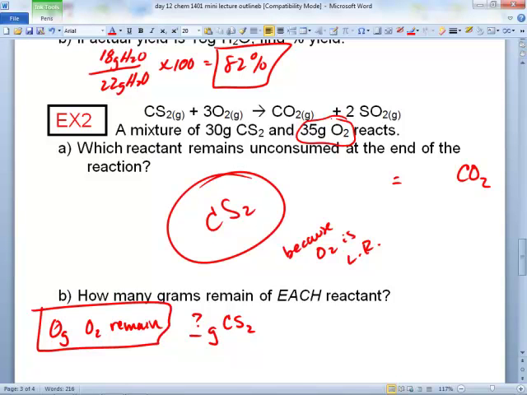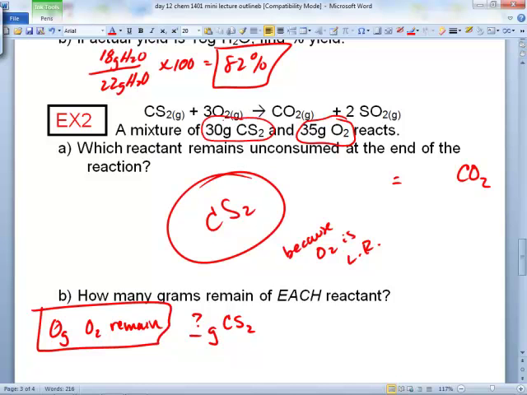The CS2. And that'll be the grams of CS2 that were used up. So you better get an answer less than what, or you know something's wrong. Less than 30. Because you have 30.